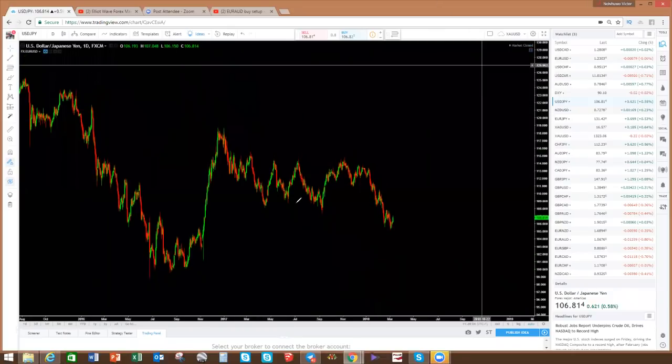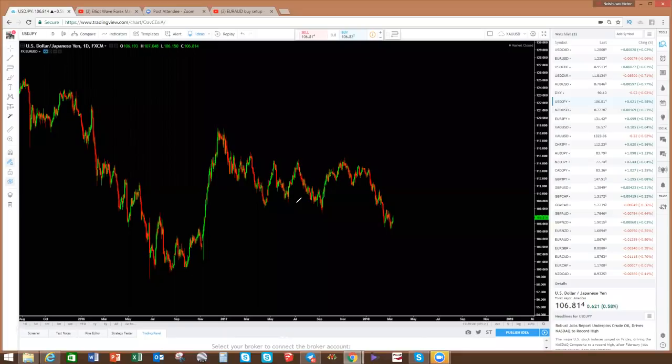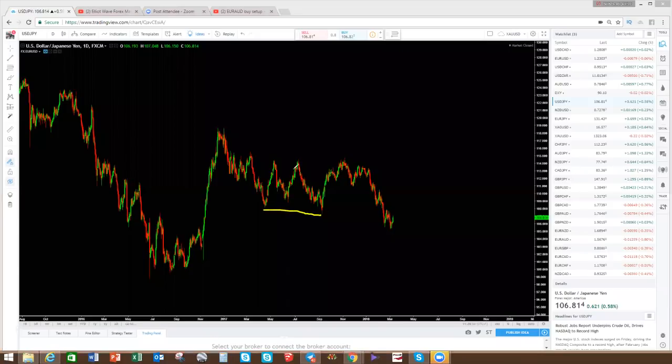So this wave analysis does not only work in lower time frames or one specific time frame. We've been calling 104 from when we were still here, because we were looking at this as a 1, 2, 3, and internally we're looking at an expanding flat inside here.